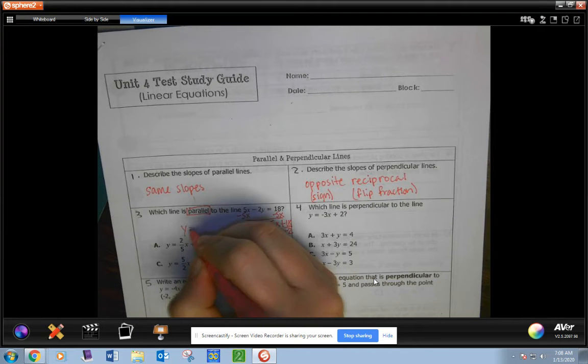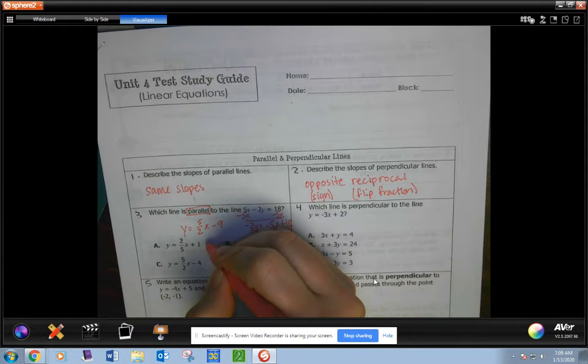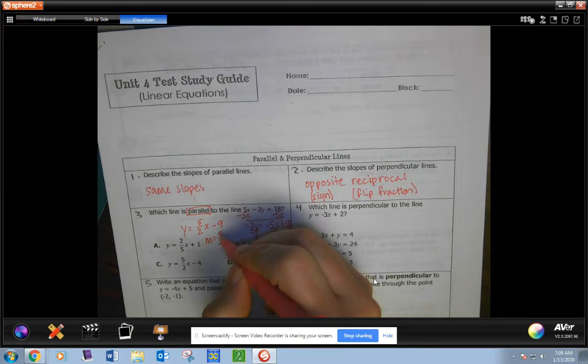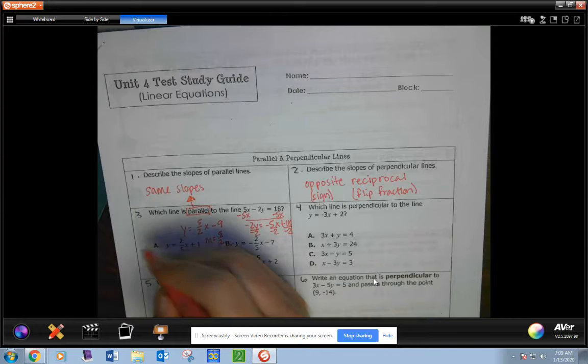Okay, negative 5 divided by negative 2 is positive 5 over 2x, and 18 divided by negative 2 is negative 9. So now all I have to look at is the slope, and the slope is 5 over 2, and in order to be parallel, it needs to be the same. So I know A is not my answer, or B, because the fraction's the wrong direction, and therefore D is not my answer because I need it to be positive. It's got to be the exact same, so it has to be C.